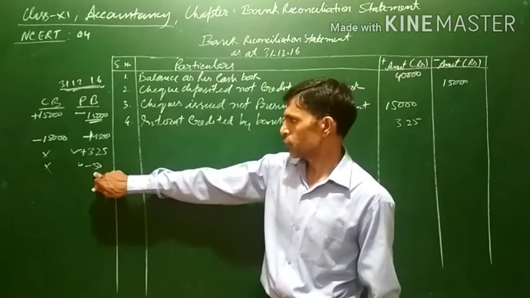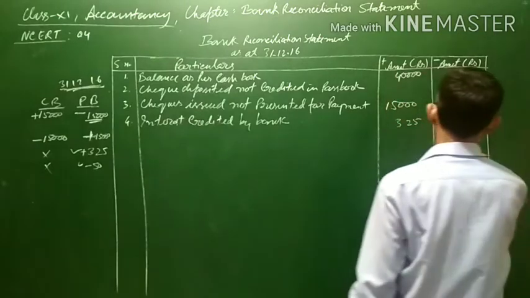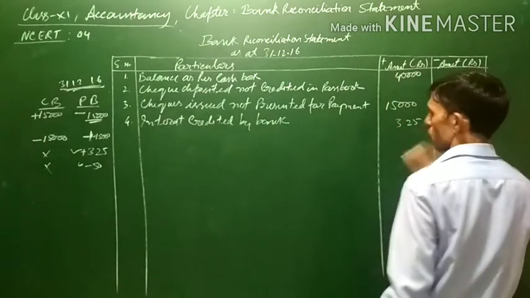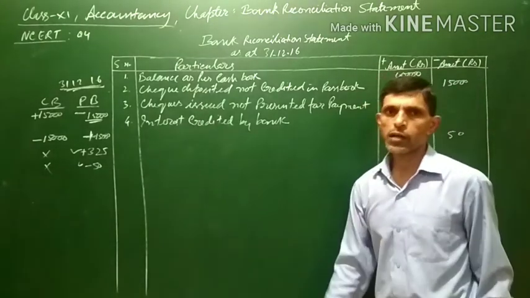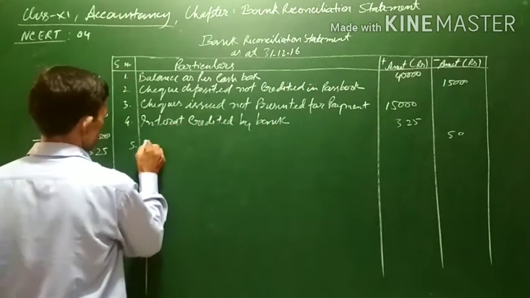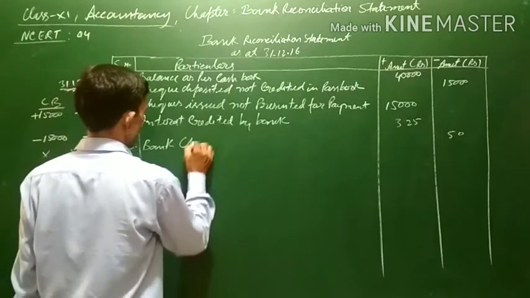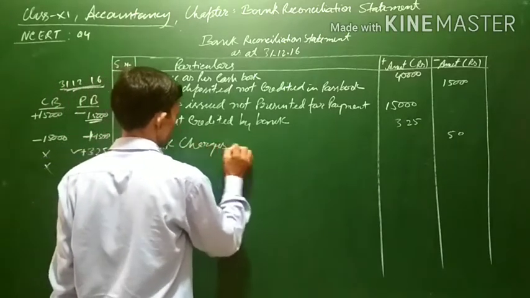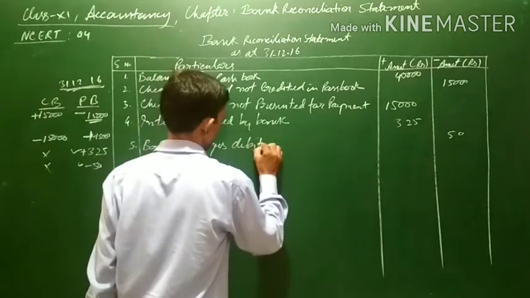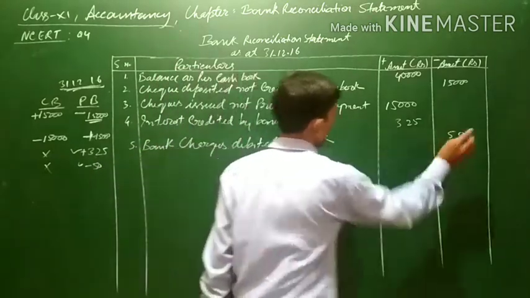So there is a 50 rupee deduction for bank charges, meaning there will be a lesser balance of 50 rupees in the passbook because of the bank charges. Last, we write: bank charges debited by bank, rupees 50.